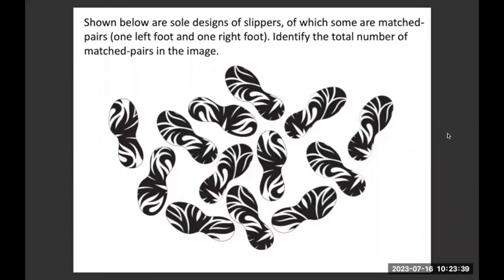Vansh, wrong answer. Jay, wrong answer. Heer, correct answer. Sanchi, Prathvi, correct answer.